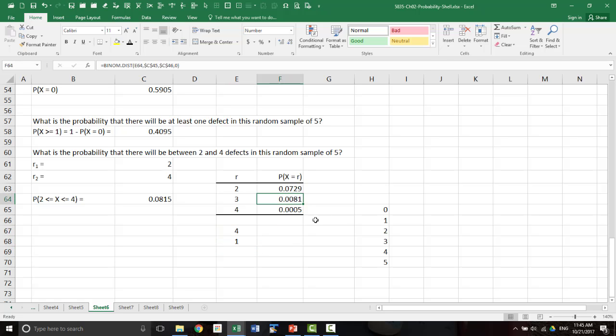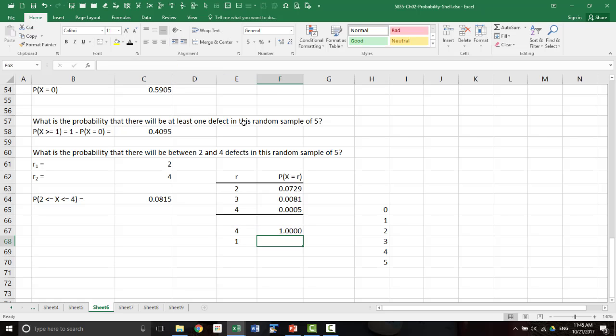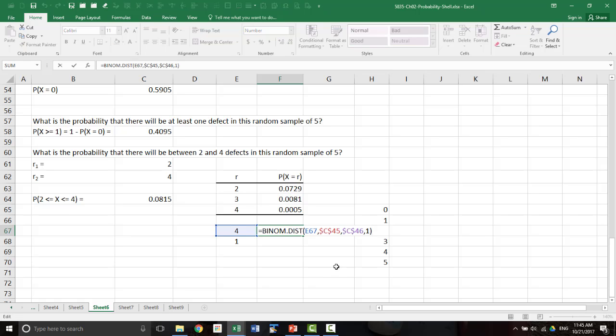Now I can copy this formula here, except that I have to change the 0 to a 1, so we'll get the cumulative probability. Okay, it's not exactly equal to 1, it's very close to 1.